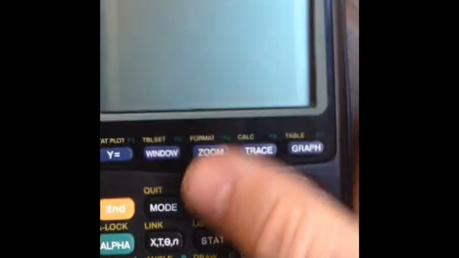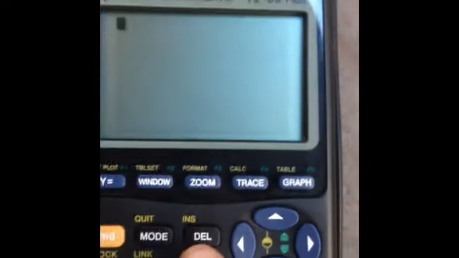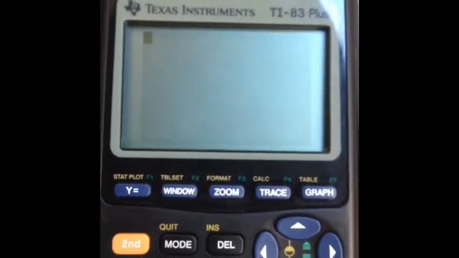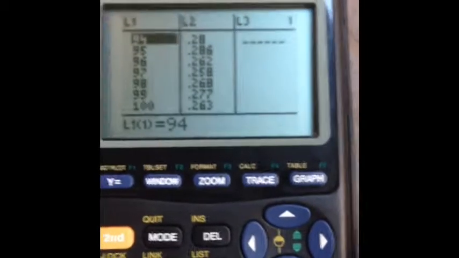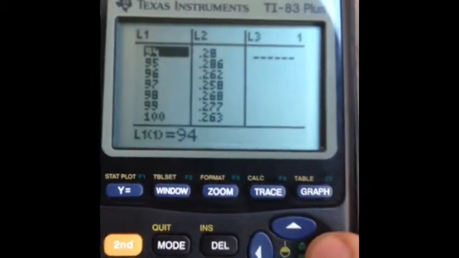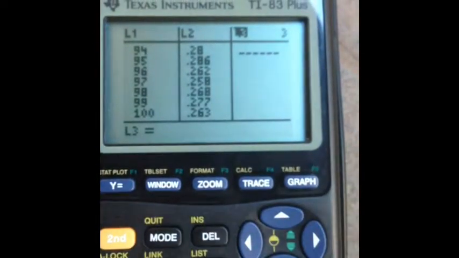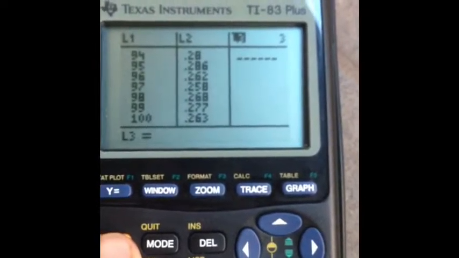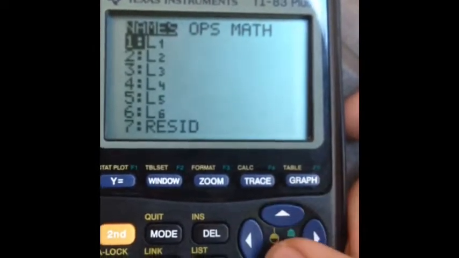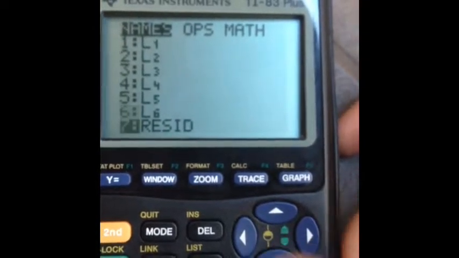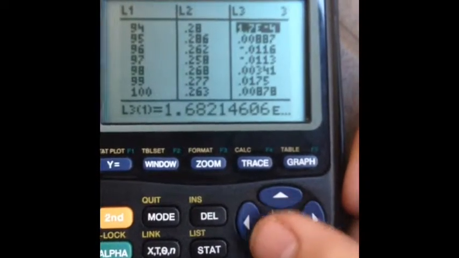Okay, now I'll show you how to get the upper and lower bounds to show how strong the graph really is. So you want to go to stat, then edit once again, move over to L3, and then you hit second, stat, and then you want to go down and hit residual, and then enter once again.